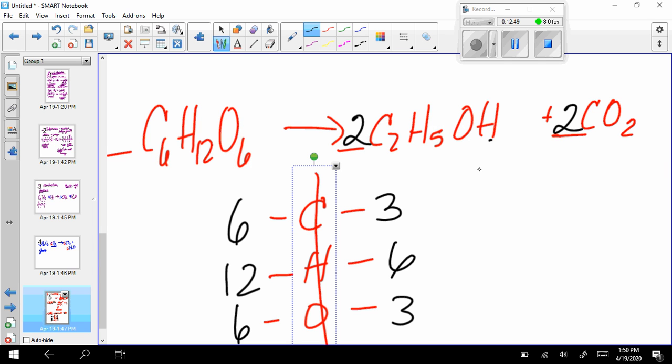So this would be 4, 5, 6. Now my carbons are balanced. It also changed my hydrogen: 2 times 5 is 10, plus 2 more is 12. So in this process, I've already balanced my hydrogens. Now let's check the oxygens. I have 2 here, and 2 times 2 is 4, so I have 6 here. Perfect. That was a good little balancing practice.